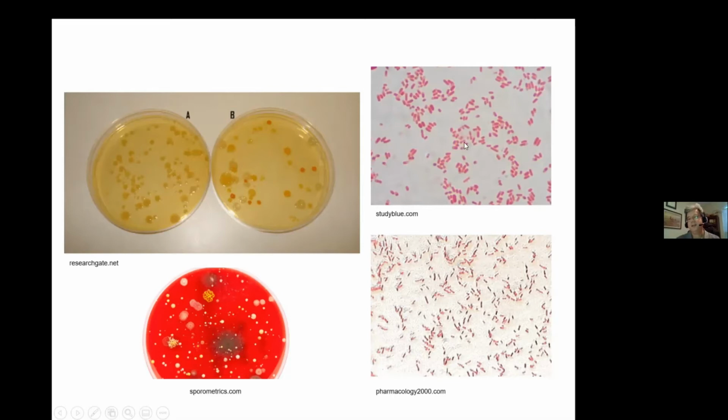So are these two pictures of the same species, or are those two different species? So that sort of raises the question. If you can't rely on just what it looks like, then how can we tell if a given colony, let's say, is a separate species? Are all these the same organism, or are they all different?